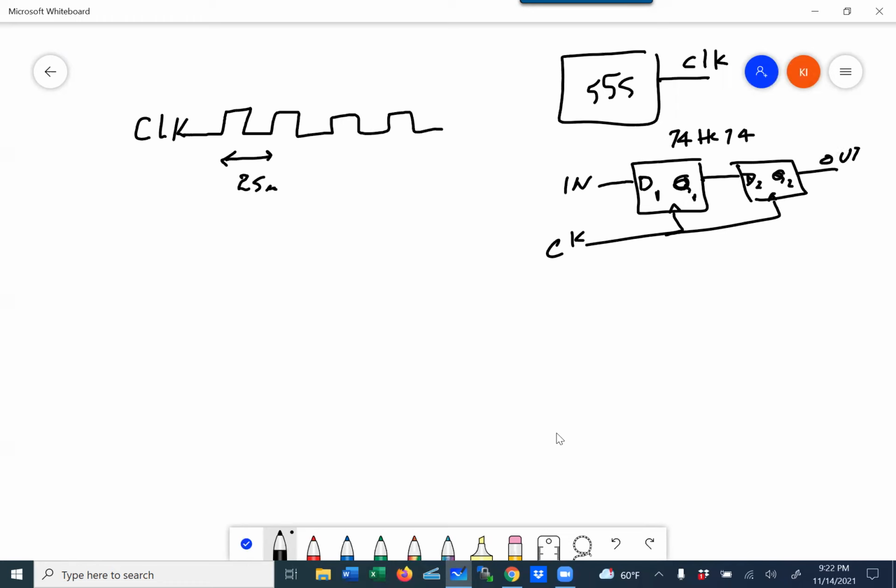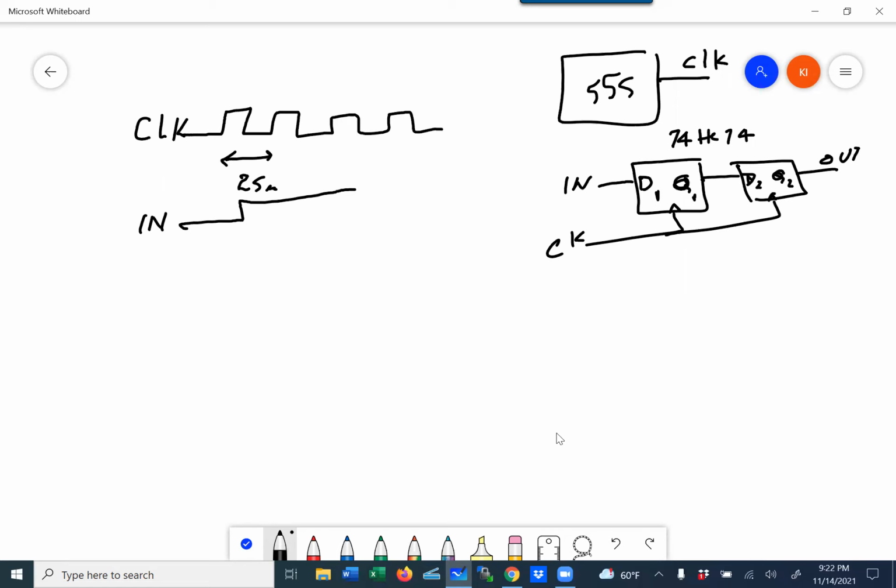The D is not seen by Q. Let's say the input makes a transition from low to high right here and we leave it. That's the only thing we're interested in. The low will happen the same way, but once we understand one, we can understand the other.